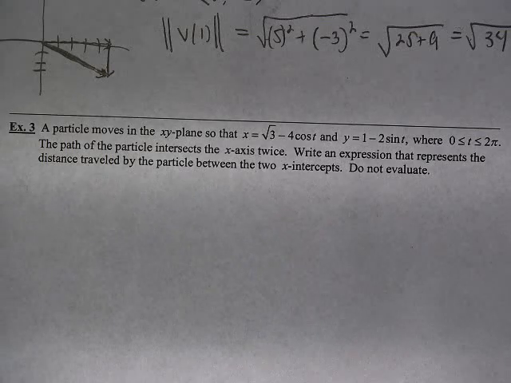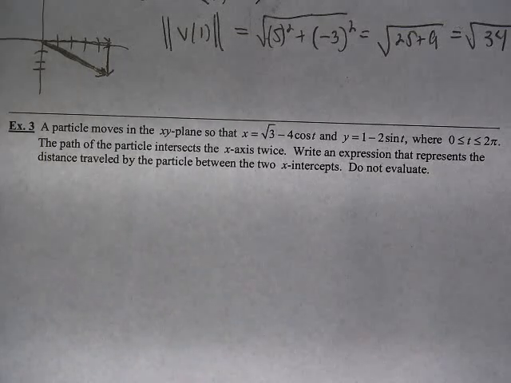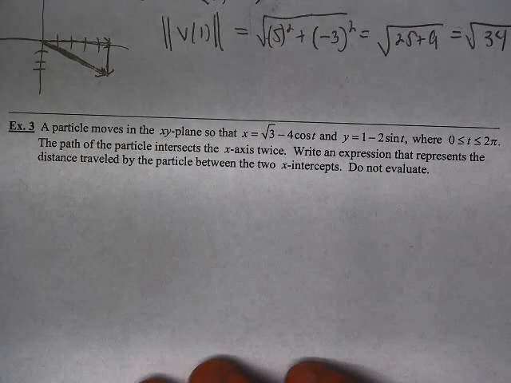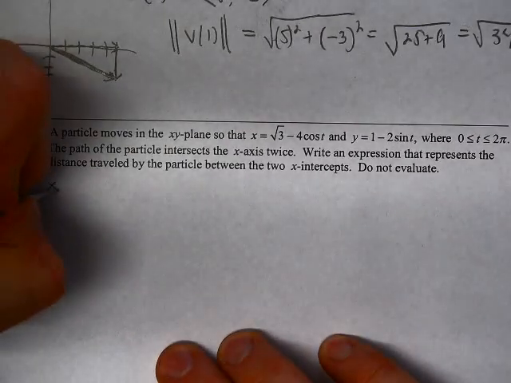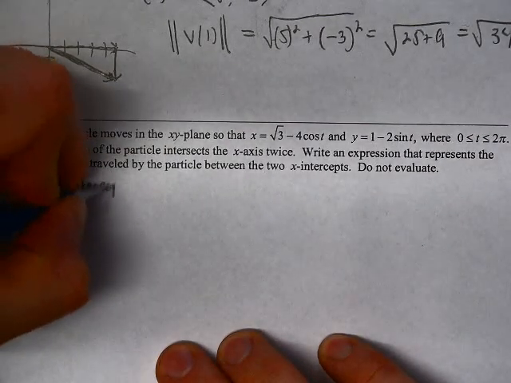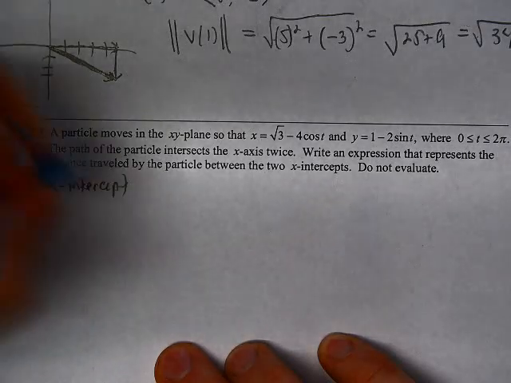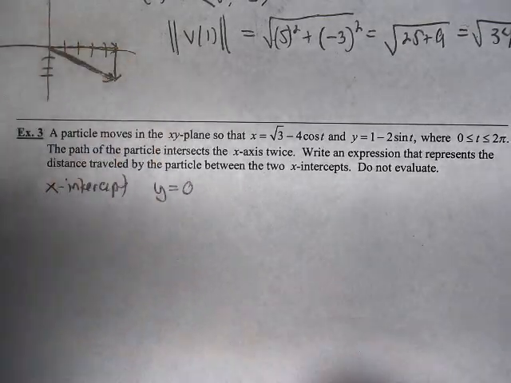So first we need to figure out when does this happen? When do we get an x-intercept? Well, we get an x-intercept when the y coordinate is equal to 0.